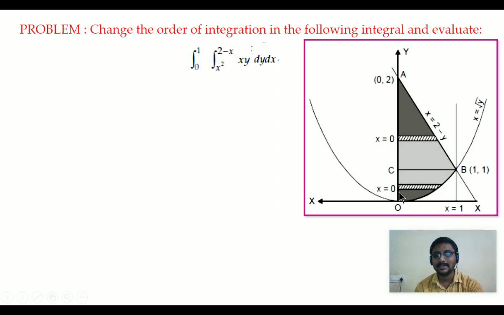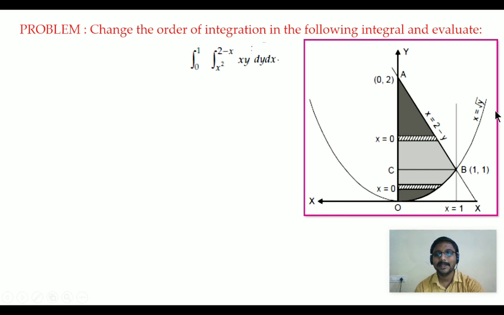And y equal to 2 minus x, or x equal to 2 minus y, means a line which passes through the point 0, 2 with the y-axis and 2, 0 with the x-axis.